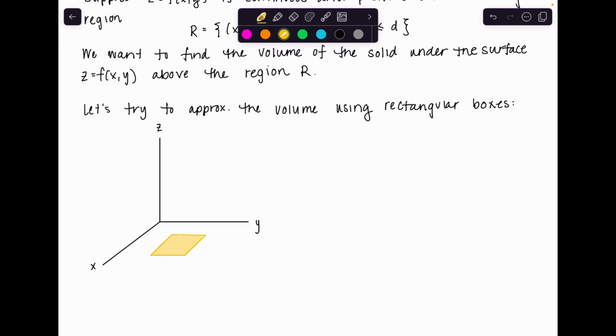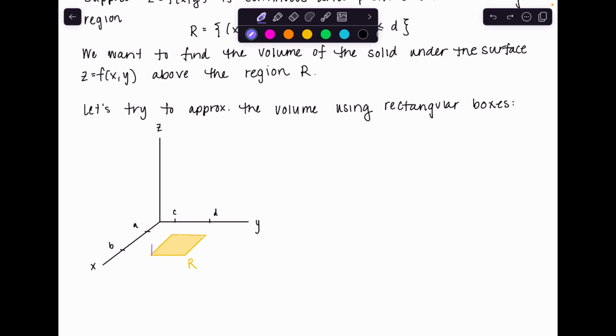So this is R. Okay. So the x values that this is changing between are A and B. So here's the start of the x, the end of the x, and then y is changing between the values C and D. Okay. And so I have this function that's just up top here doing whatever.